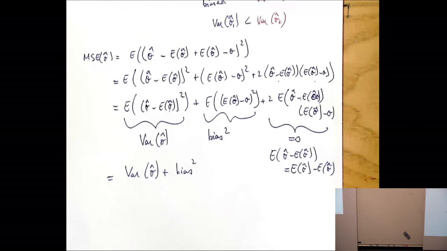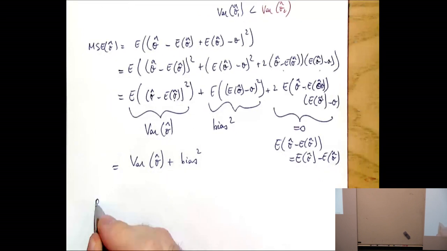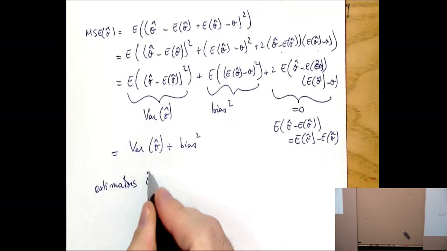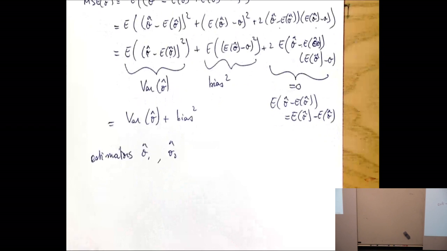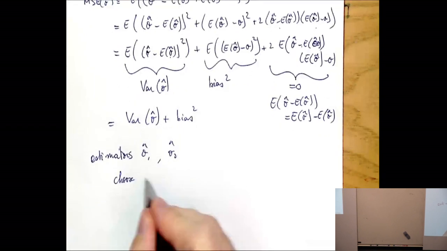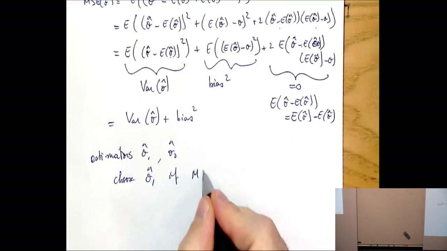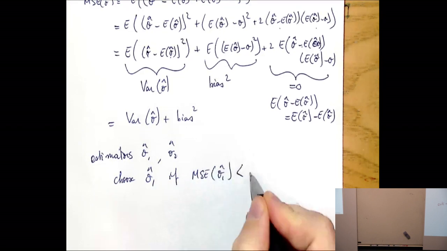So if you have 2 estimators, theta 1 hat and theta 2 hat, and you choose by the MSE property, you would choose theta 1 hat if the MSE of theta 1 hat is smaller than the MSE of theta 2 hat.